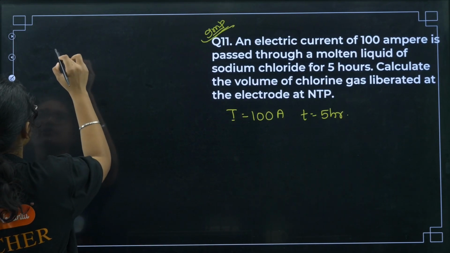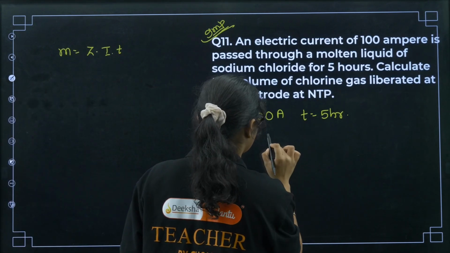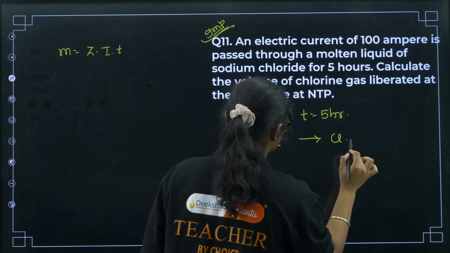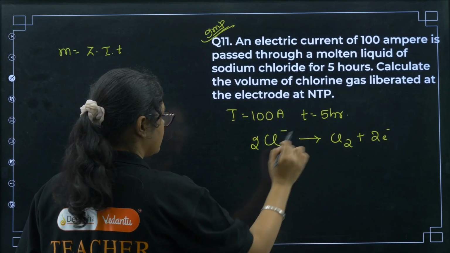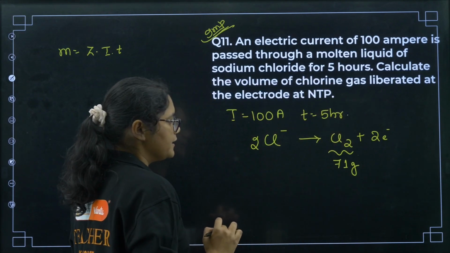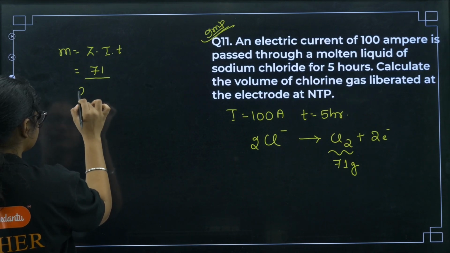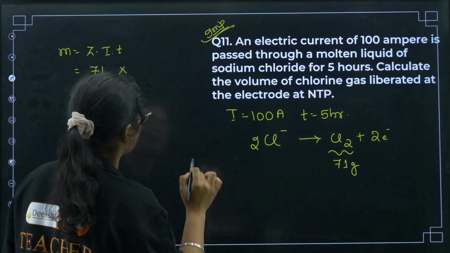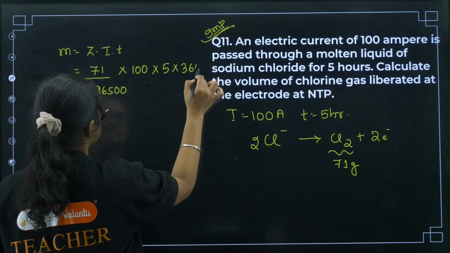Mass is again equal to Z into I into T. Here the chlorine reaction is like this: 2Cl- will give you Cl2 plus 2 electrons. So n equals 2 and the chlorine molar mass is 71 grams. So molar mass is 71, n is 2 into 96500, current is 100 ampere, time is 5 into 3600.